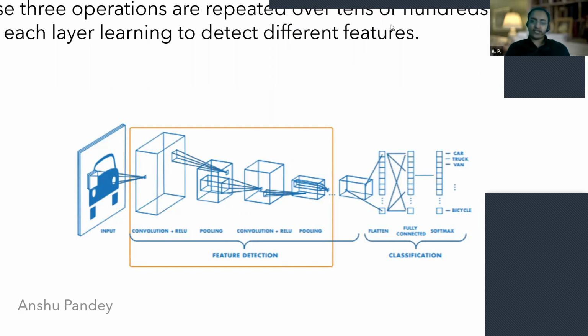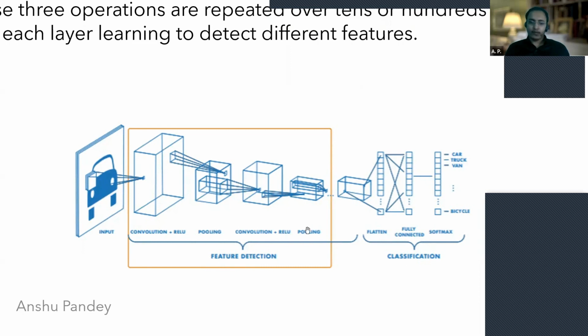The first segment is the feature detection segment, and the second segment is the classification segment. The first segment consists of feature detection units, and one feature detection unit consists of three important steps: convolution, ReLU, and pooling. These are the three important steps of a feature detection unit.